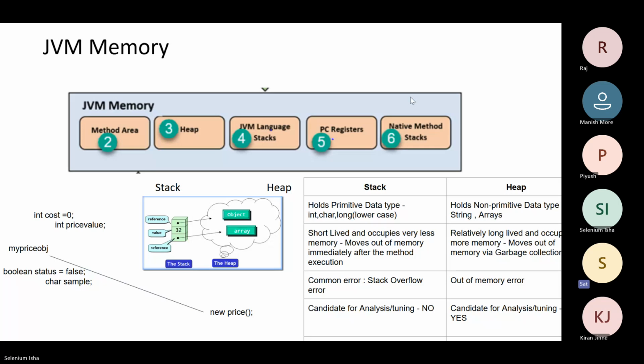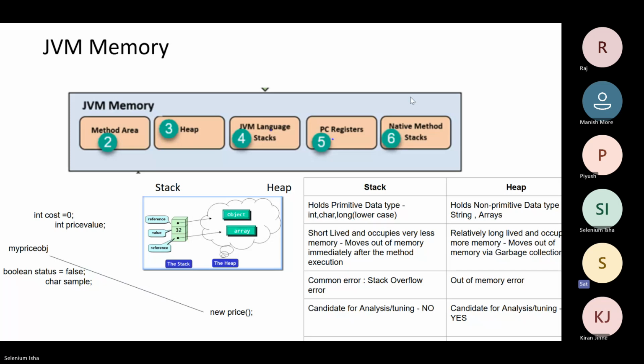Whereas when you declare a string or an array or object, it won't get deleted immediately. Your JVM has to run a garbage collection, then only it will get removed. That's again a difference. You will learn more about this in the upcoming sessions, but from a basic difference between heap and stack, that's how it is going to work.